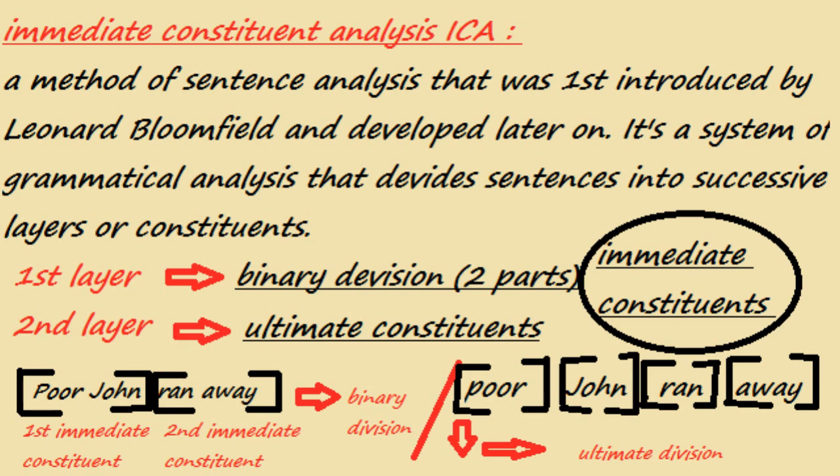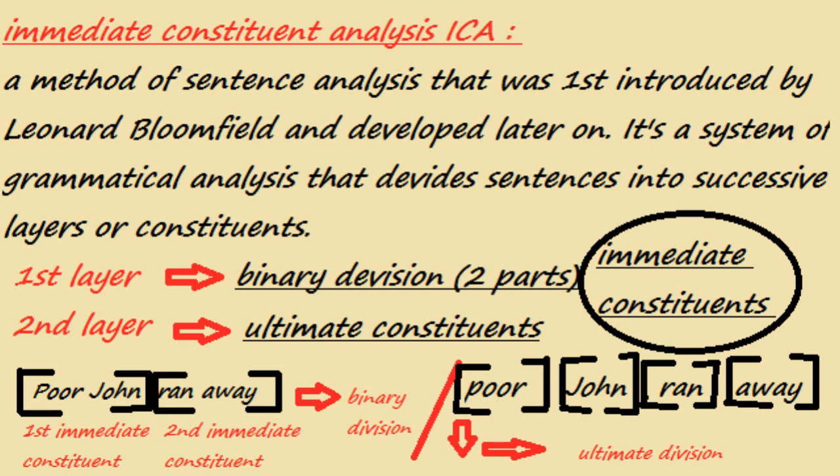Now, we will take a quick example, a small, easy one, that is introduced by George Yule, by the way, in his book. The example is: poor John ran away.